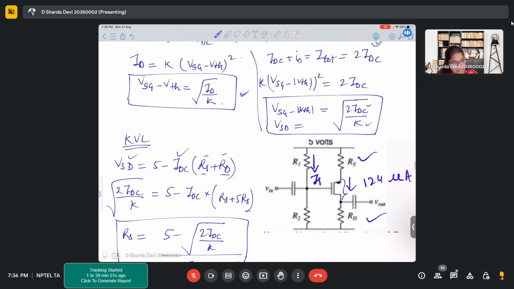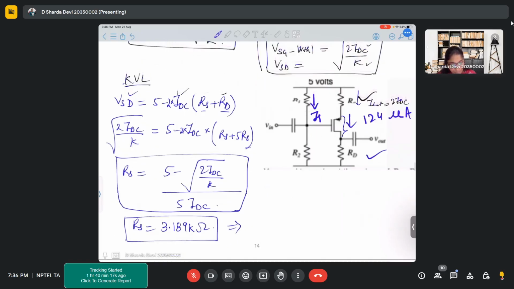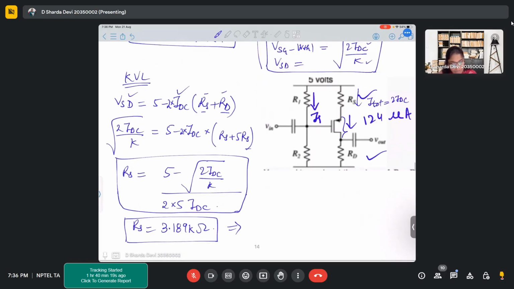Here we have considered the case when your total current from this path, I total, is 2 IDC, right? So the current flowing through each resistor RS as well as RD is also 2 IDC, right? Correct. Okay, ma'am, here actually there should be a factor of 2 into 2. Now are you getting the correct answer?